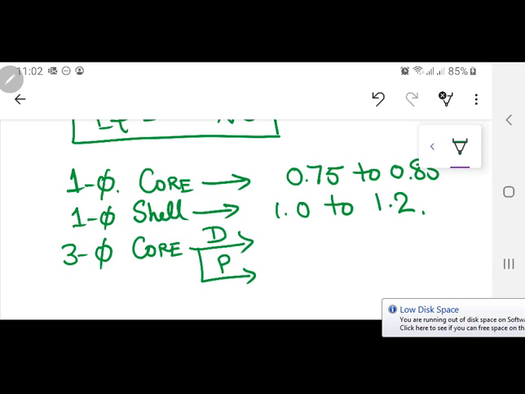So the value of K you are going to use is approximately 0.4 to 0.7. And when you are designing a power transformer, then this is approximately 0.6 to 0.7.